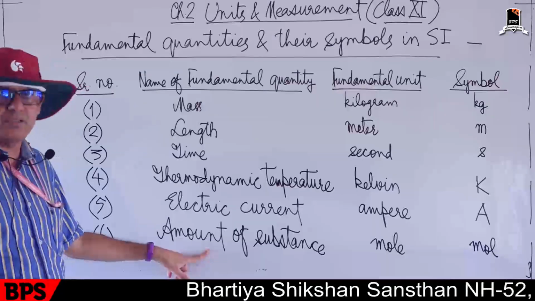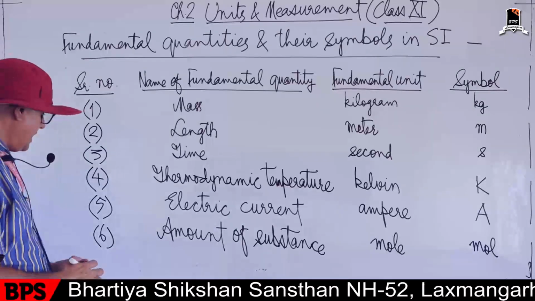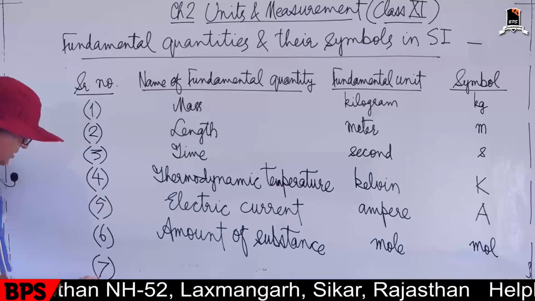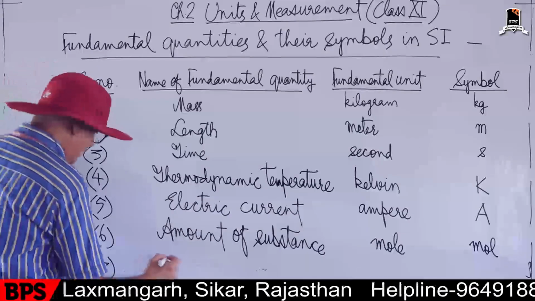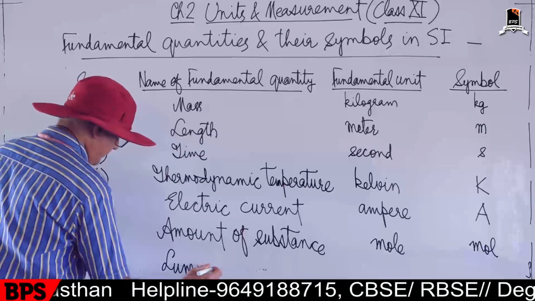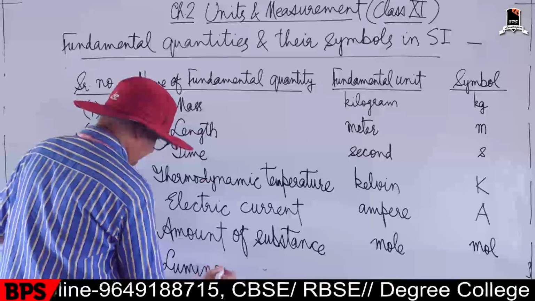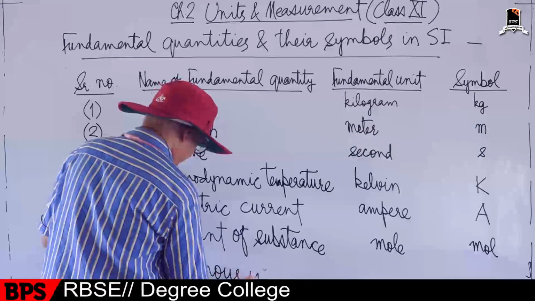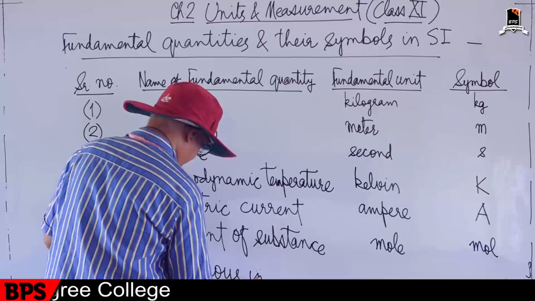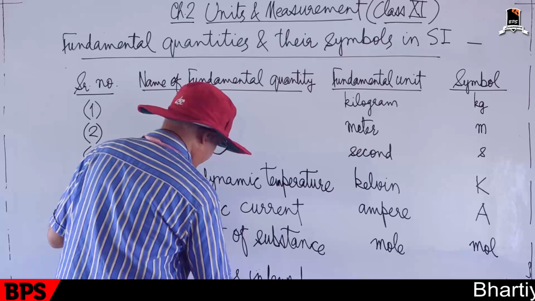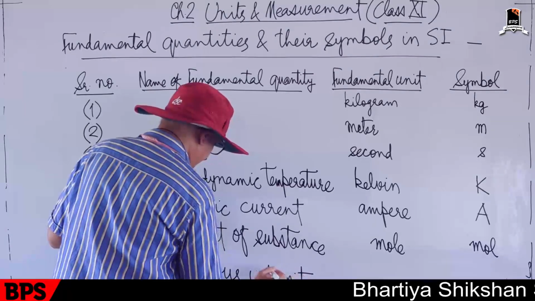And last quantity is for light, and it is called luminous intensity.